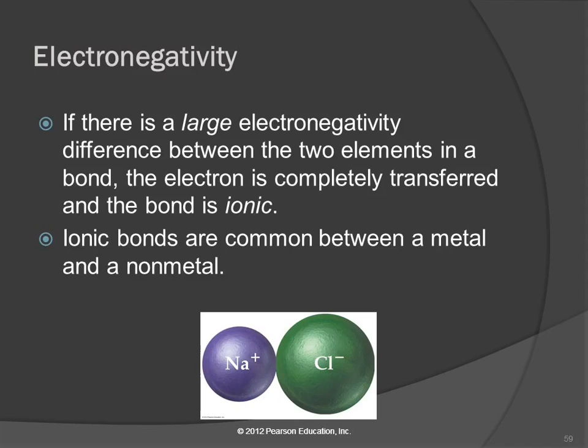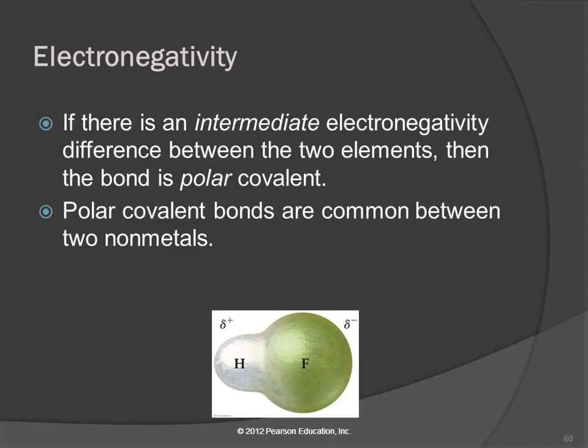If there's a really large difference, then the electron is actually taken from the one atom and given to the other permanently, and then you have an ionic bond. So that's one extreme. The other extreme was the purely covalent bond where things are shared equally. The ionic bond is when you have a metal and a nonmetal, and we've learned that previously.